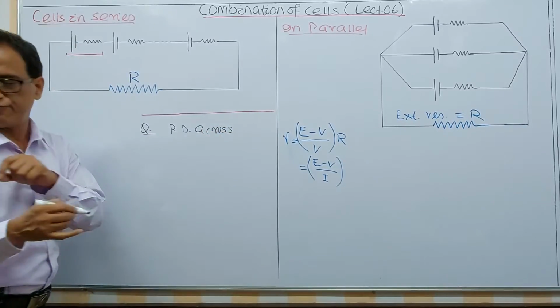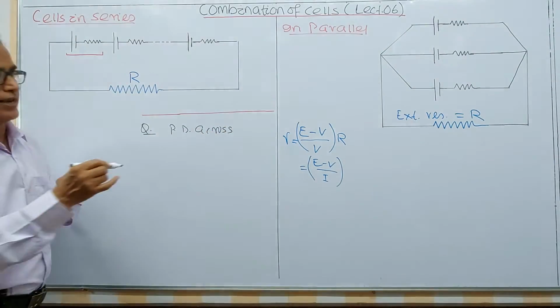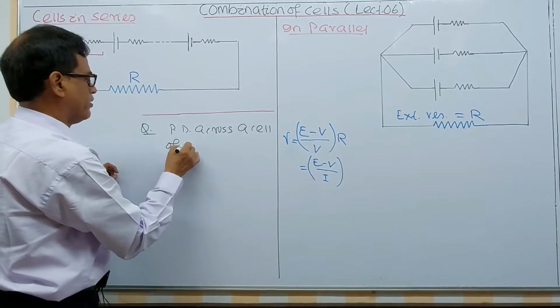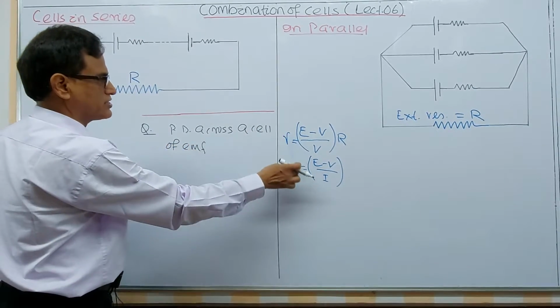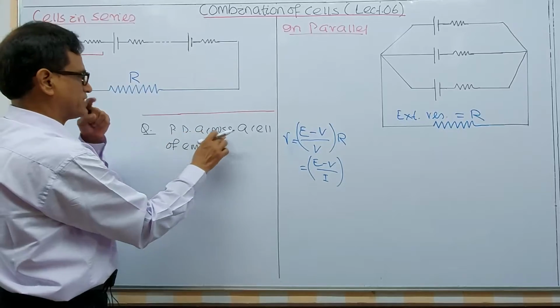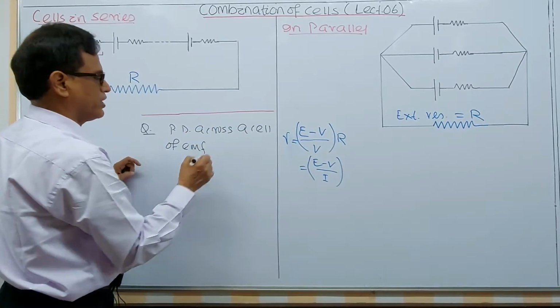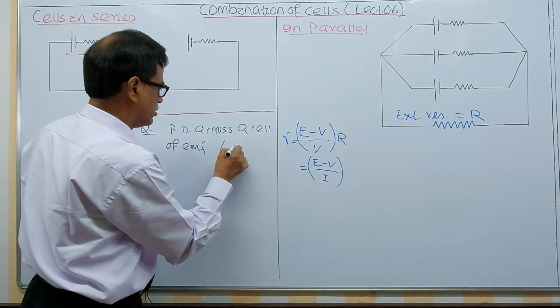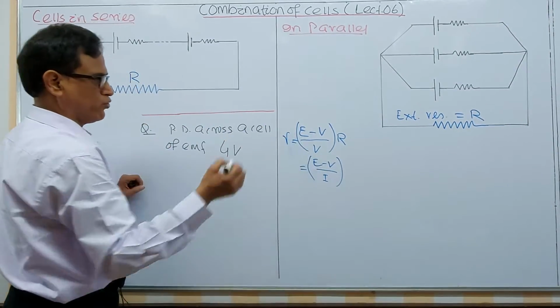The potential difference across a cell of EMF 4 volt, I am discussing the last class numericals. EMF E is given as 4 volt.